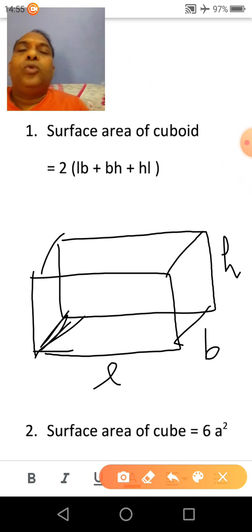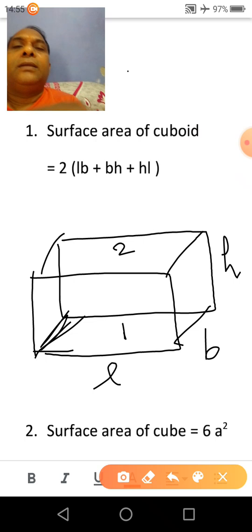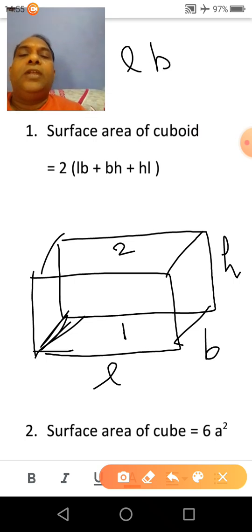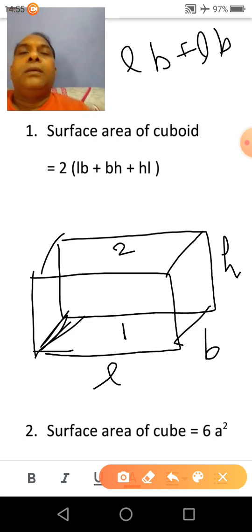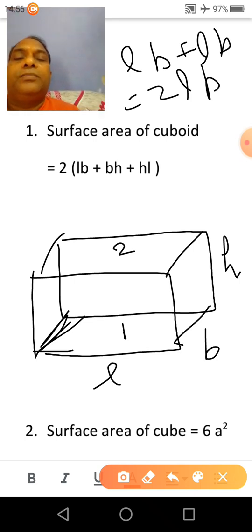So here 2 faces are of area L into B. First face and second face. So area of first face is LB, and area of second face will also be LB. So it will be equal to 2LB. Clear? Now area of third face and fourth face.